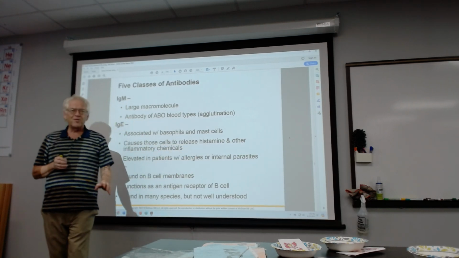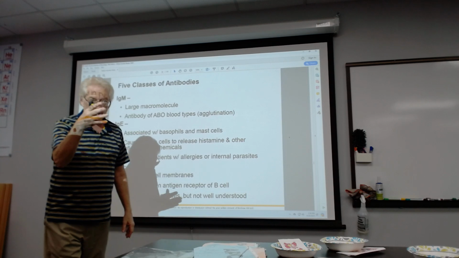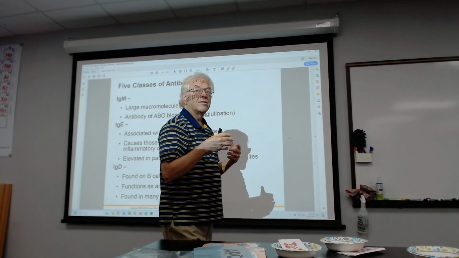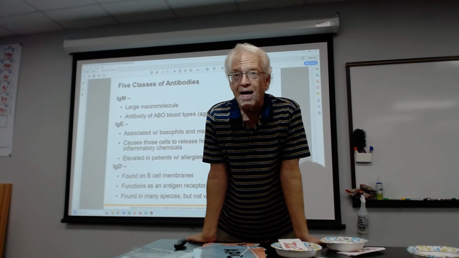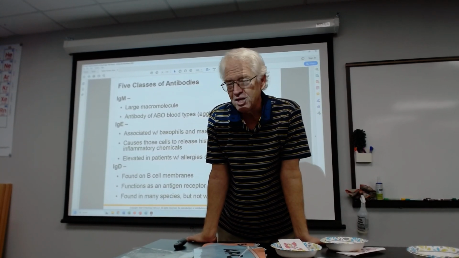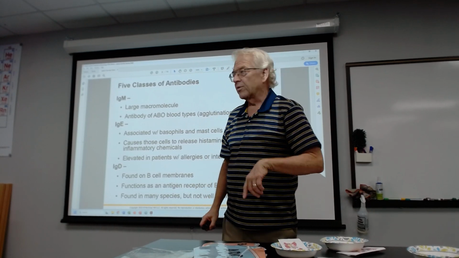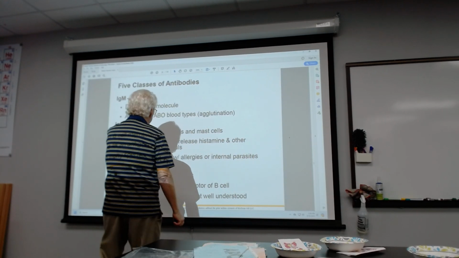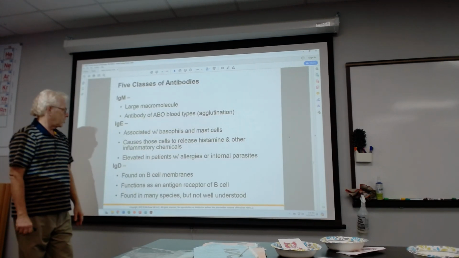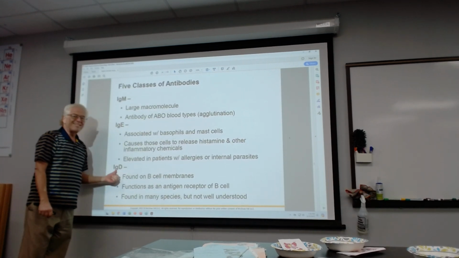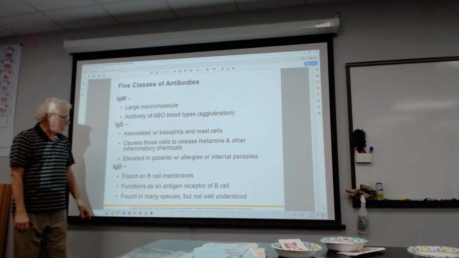So you see the basophils and mast cells, which we talked about in an earlier chapter, yes, they put out histamines, but they have to be told that by the IgE antibodies. Got it? The IgE antibody says, hey, release that stuff. It causes those cells to release the histamines. 10-4? Now, IgD is not well understood.